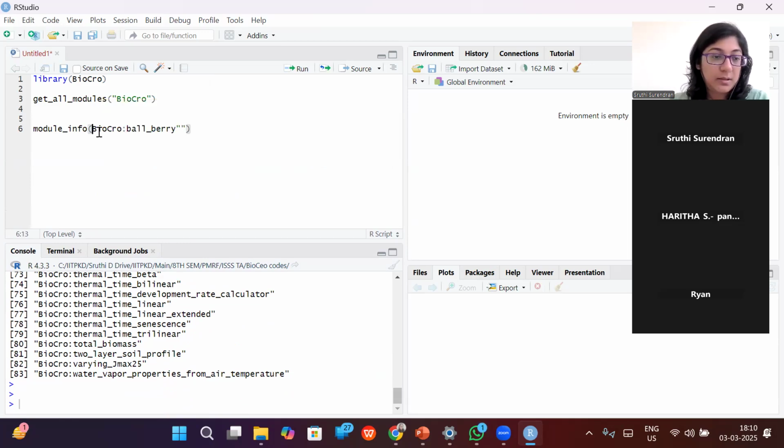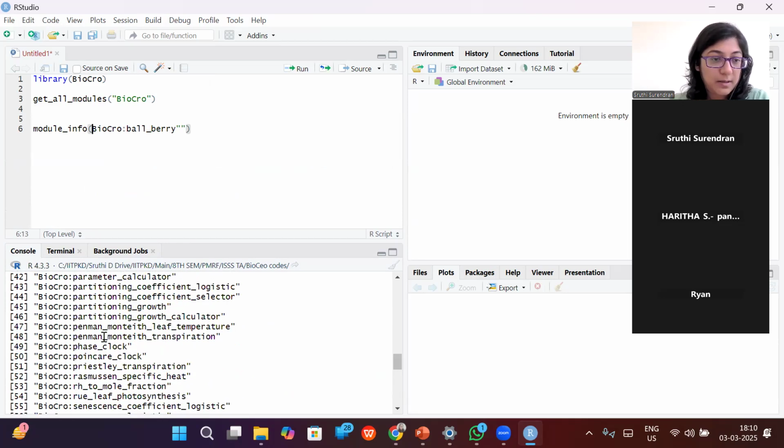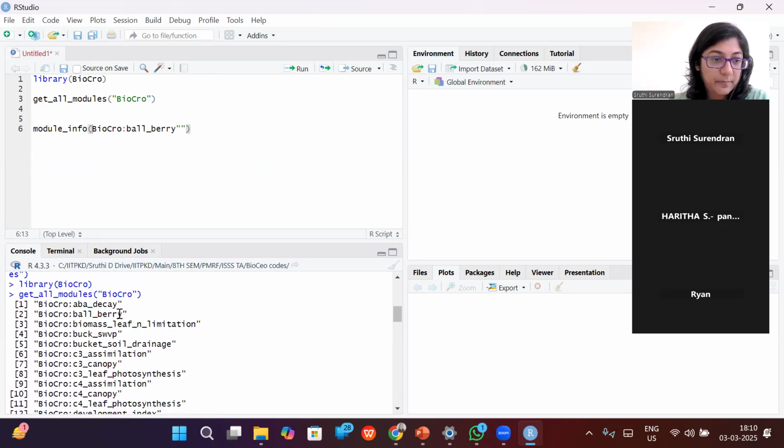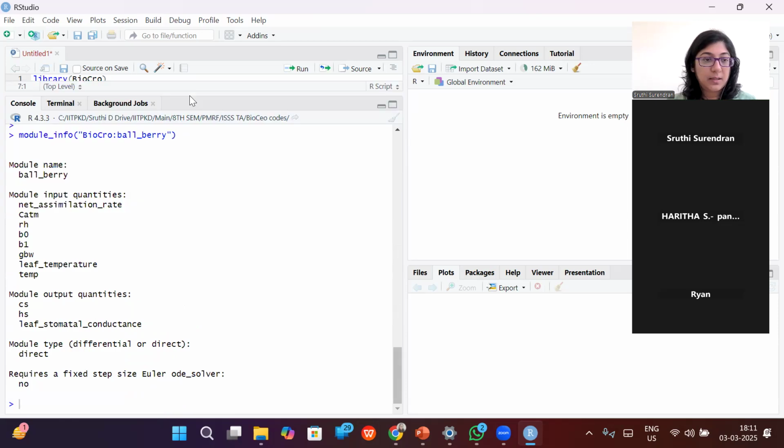I copied this Ballberry that is provided in the console over here, and I paste it here between two quotes. And if you want me to go slower, please let me know. So after that, when I run this line, I get everything about this model.